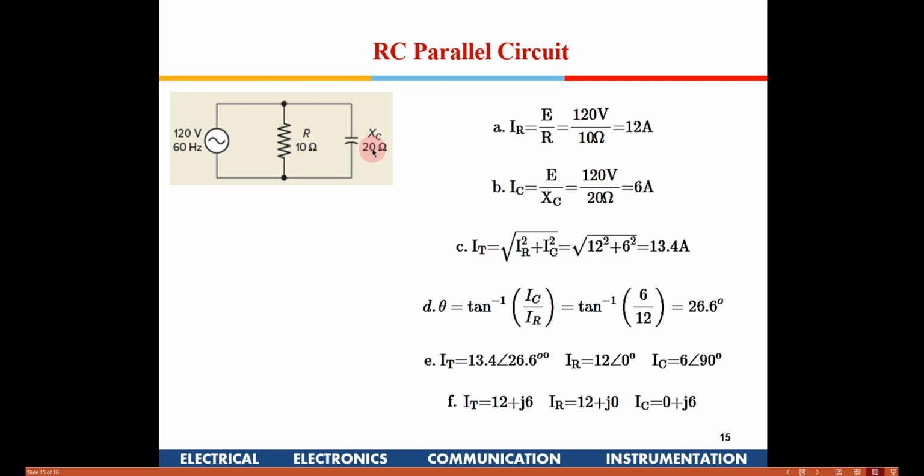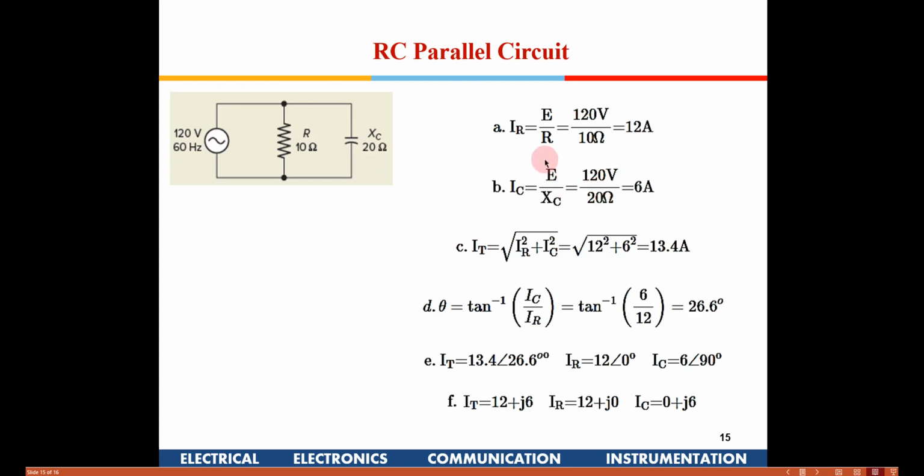Don't multiply the 20 again with 2 pi f. Since the unit is given as 20 ohms, that means at this particular frequency of interest it is 20 ohms. Don't assume this to be 20 farad or microfarad and make a mistake in your exams. When it's given as 20 ohms, you can take that straight away as the impedance in ohms.